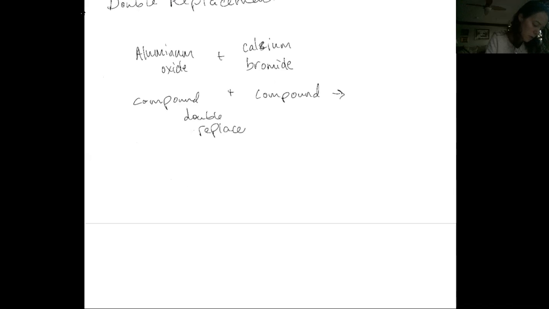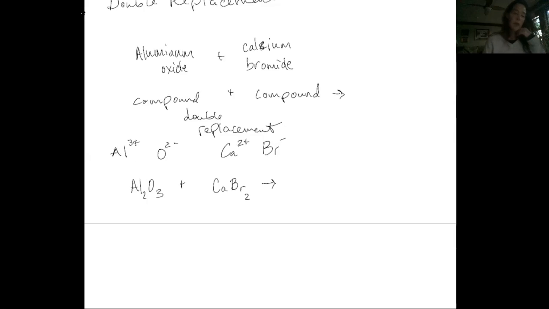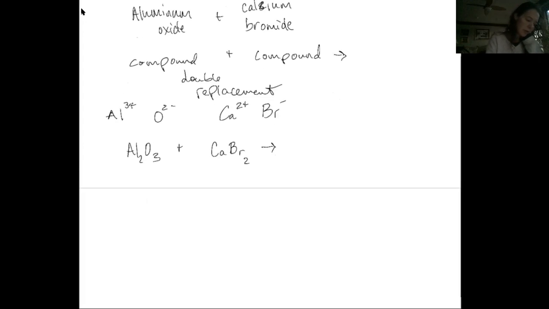Double replacement. All right, aluminum oxide, symbol, charge, right? Okay, that's going to be Al2O3, reacts with calcium bromide, symbol, charge. Okay, that's going to be CaBr2. Okay, now what's going to happen is these guys are going to switch places, all right?